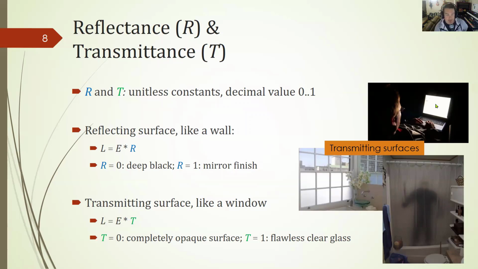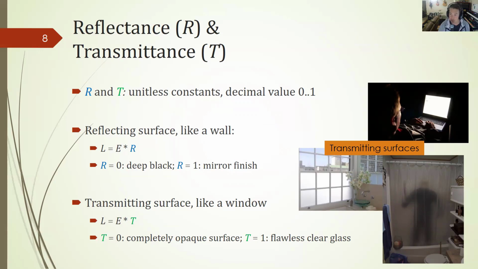Transmittance. So again, it's between 0 and 1, and essentially, think of it like a percentile. How much is absorbed versus how much is reflected, how much is absorbed versus how much is transmitted. So if you have a reflectance of 0, like a deep black painted wall, or what do they call it, Vantablack, which is ultra black, the blackest.